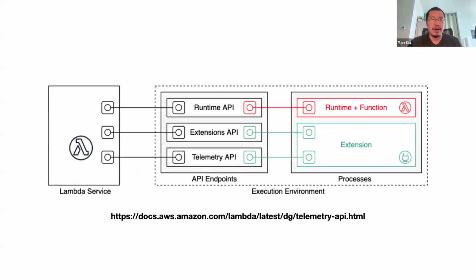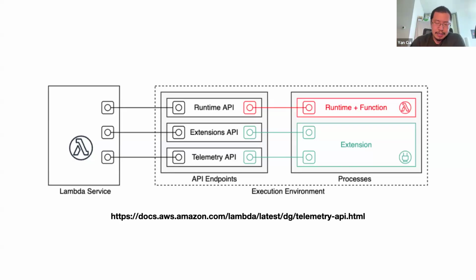It allows Lambda extensions to subscribe to telemetry events, things like there's a new log event, a new trace, a metric and so on. So that way you can use those Lambda extensions to ship the log messages and stuff like that straight to the third-party vendor without having to go through CloudWatch Logs first.